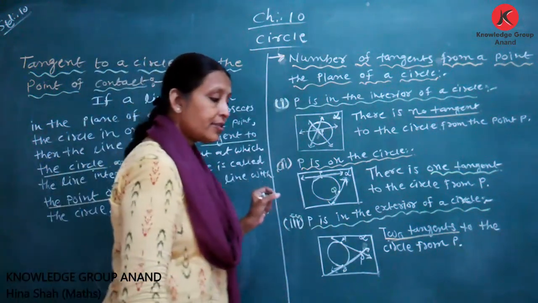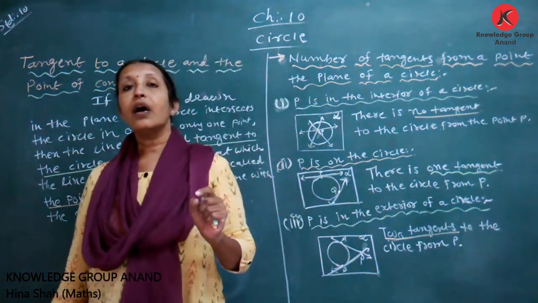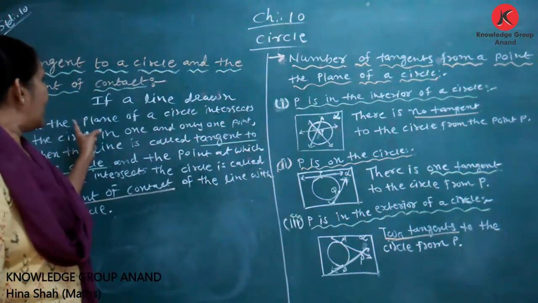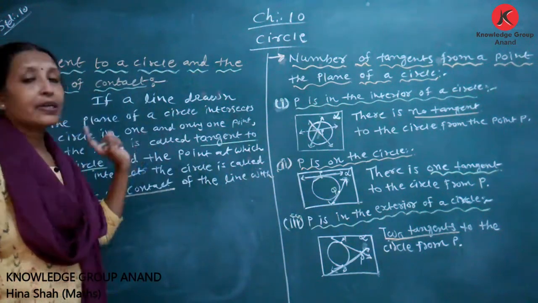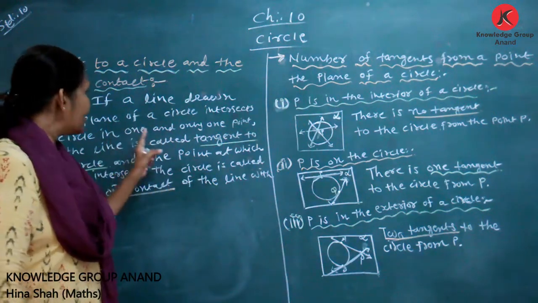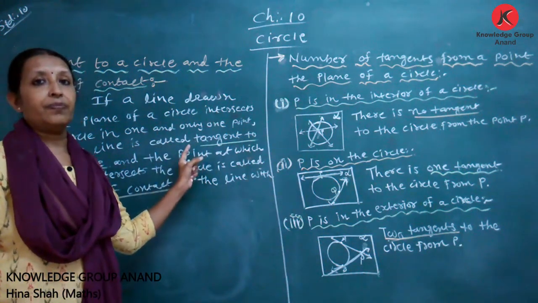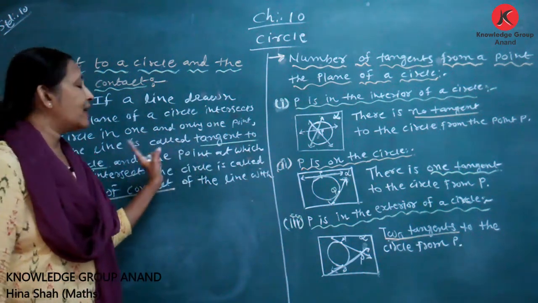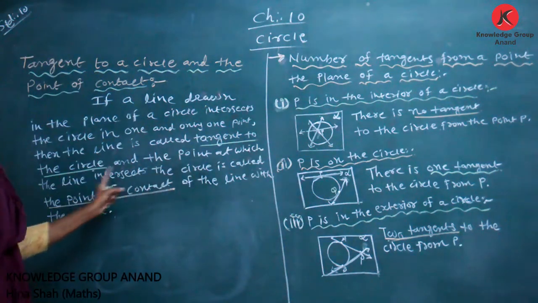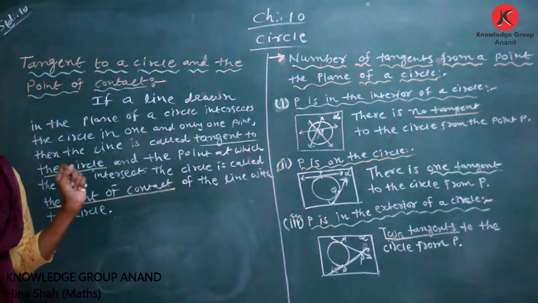What is a tangent? A line in the plane of a circle that intersects the circle in one and only one point is called a tangent to the circle, and the point at which the line intersects the circle is called the point of contact.